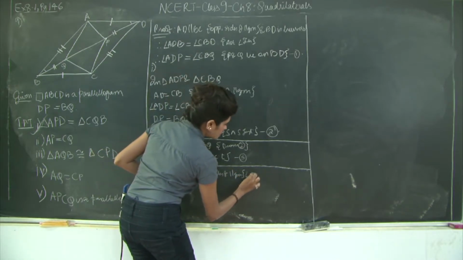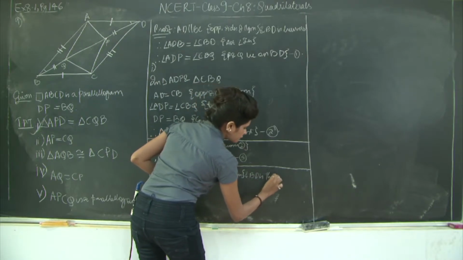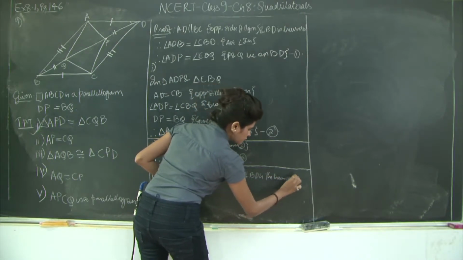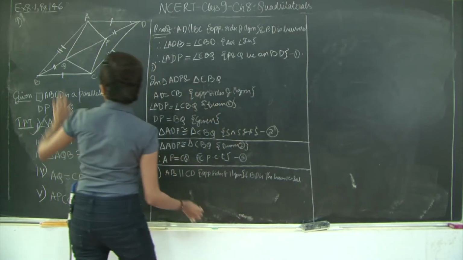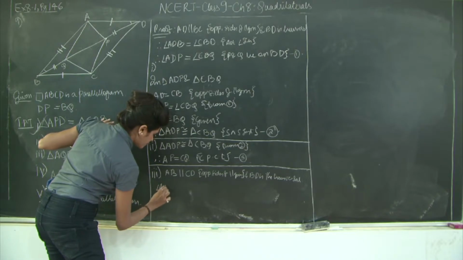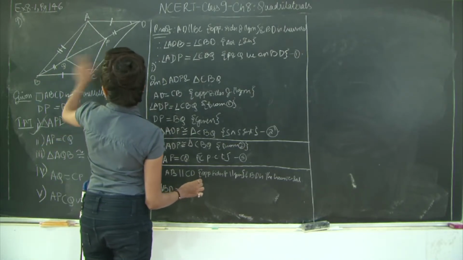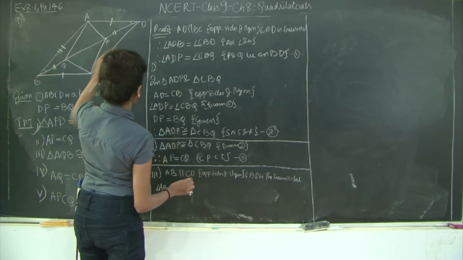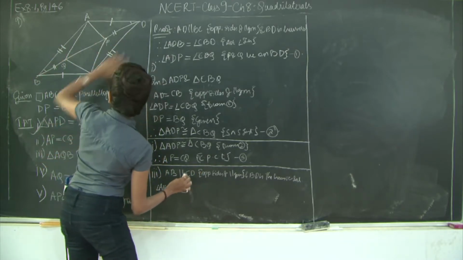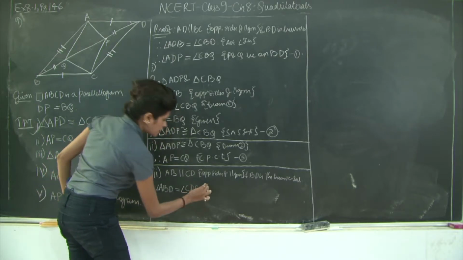And BD is the transversal. So what can I say? That angle ABD is equal to angle BDC or CDB, right?